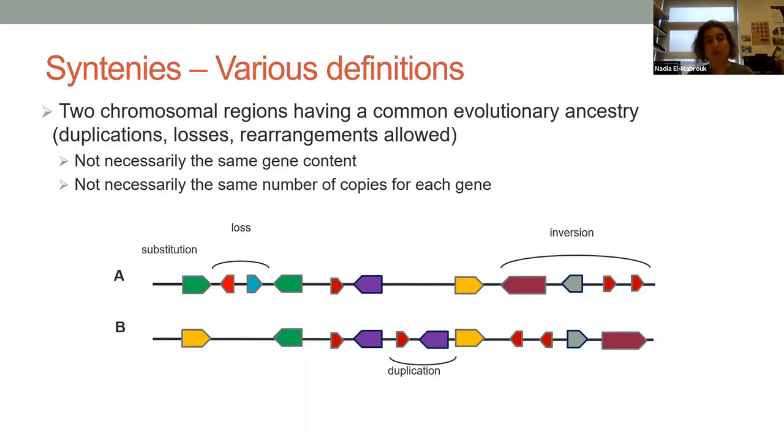For example, if we account for these events here, inversions, duplication, loss, substitution, we can see that these two sequences have derived one from the other by this type of events. So the definition of syntenies depends also on the events that we consider to infer the evolution of these two segments from an ancestral one.